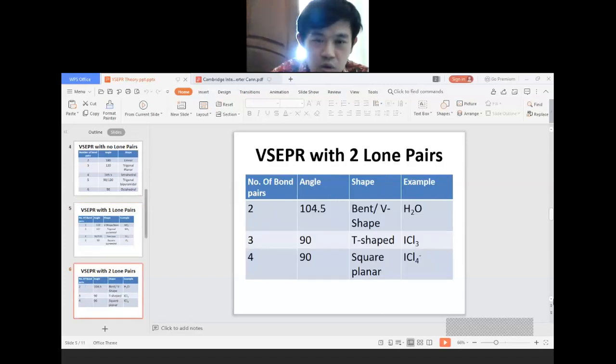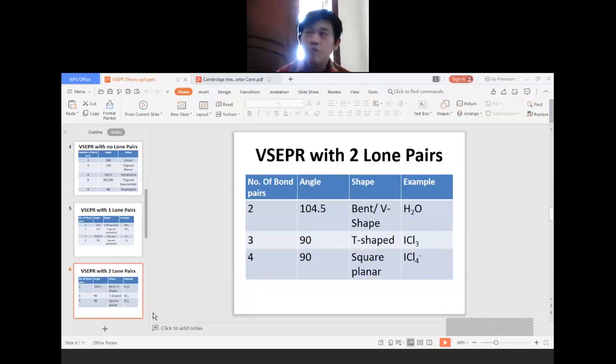And then next, with two lone pairs: two bond pairs and two lone pairs. Example of the molecule is water. When we draw the dot and cross diagram of water, there are two lone pairs on the central atom oxygen.